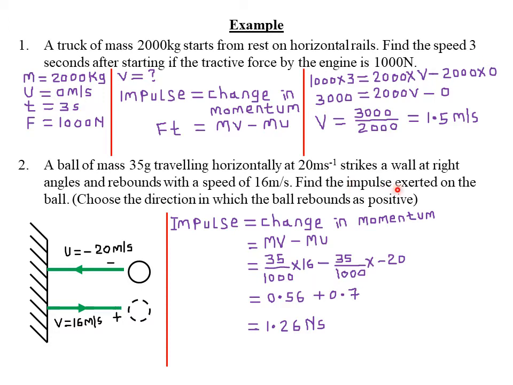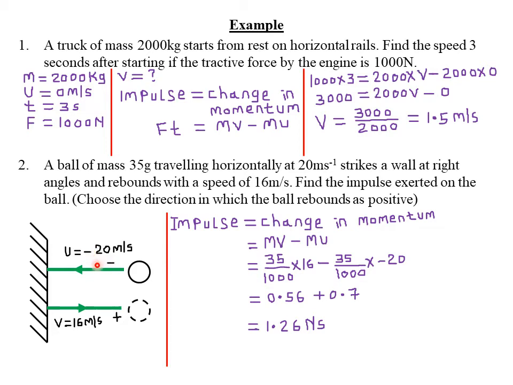So we are asked to find the impulse exerted on the ball. We know that impulse is equal to the change in momentum, and change in momentum means the initial momentum subtracted from the final momentum. The momentum is the product of mass and the velocity of that body. Because velocity is a vector quantity, you must consider the directions.